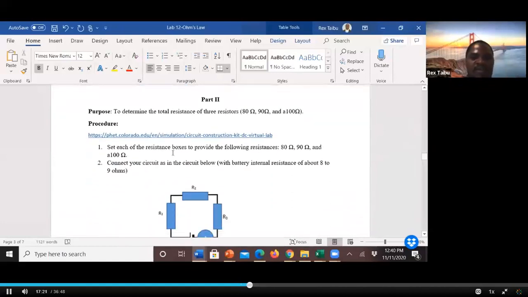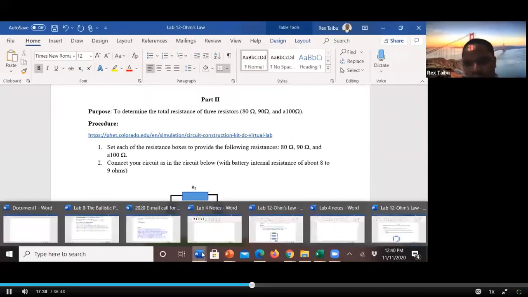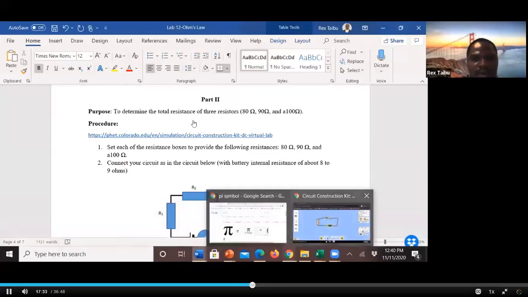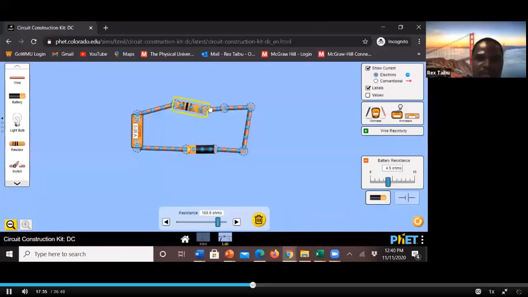So let's see the instructions. It says set each of the resistance boxes to provide 80, 90, 100. So we're going to do this. I don't want 1, I need 3 of them. I'll break there and put 1 resistor there.